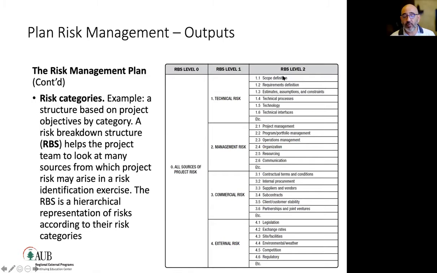Technical risk includes scope definition, requirements definition. Those are project technical risks. Management risks are project management risks. And commercial risk, for example, contractual terms and conditions not respected, internal procurement, supplier and vendors. We pick up supplier and vendors and we break those down into the risk statements.